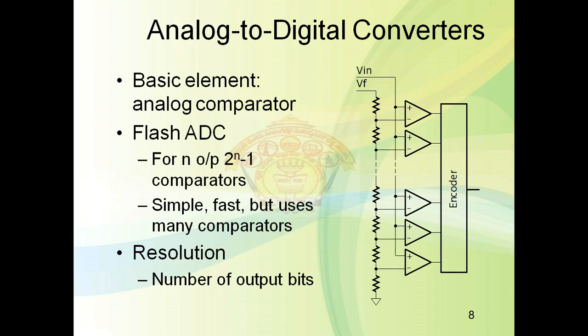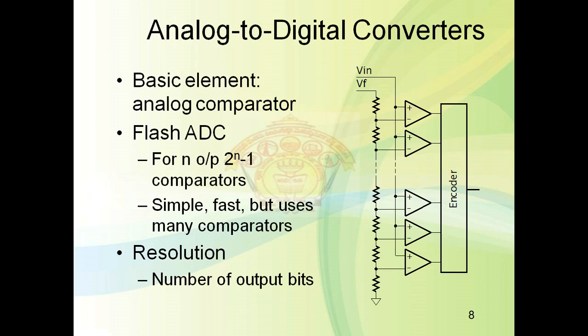Okay, flash ADC has the advantage that it converts input voltage into digital form very quickly. Okay, the speed is more. It has high speed performance. High speed flash ADCs can convert millions of samples per second.